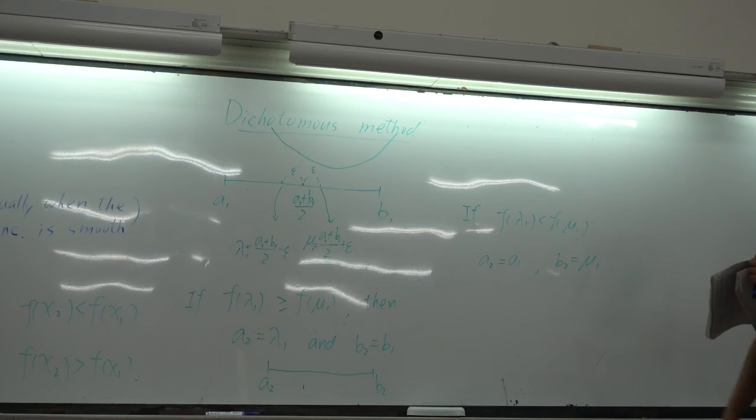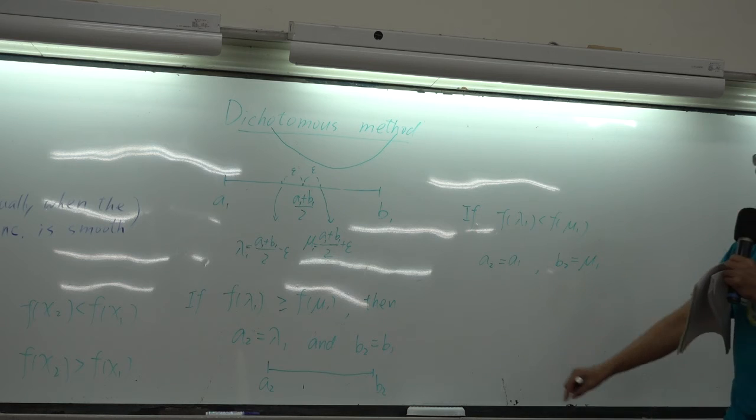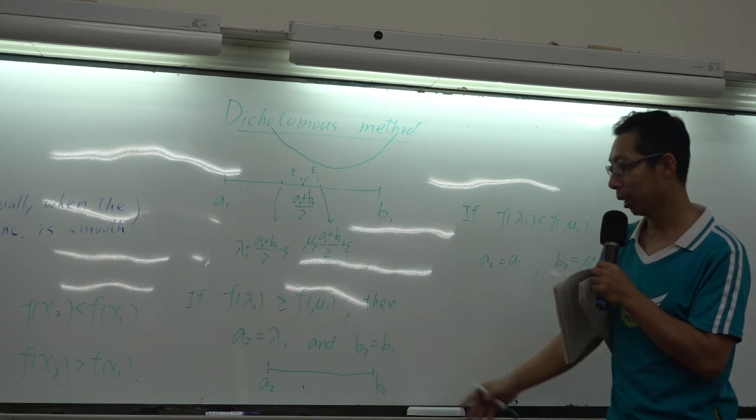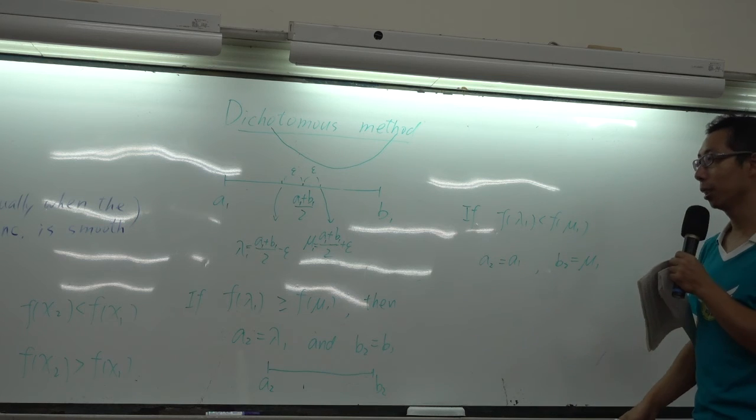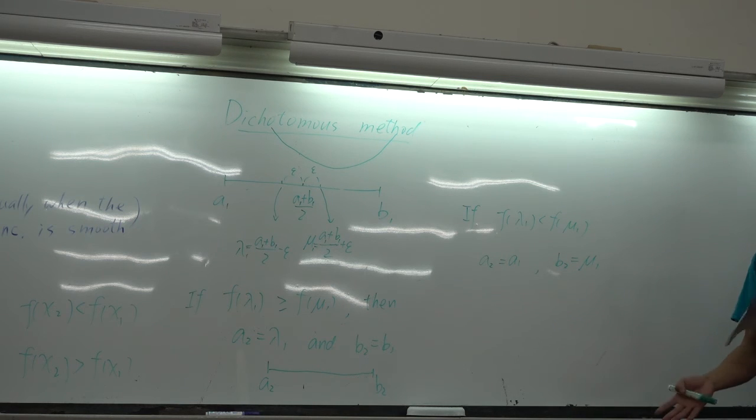So we just do this. We just keep doing this until this bracket, let's say it's up to an and bn, is small enough. You can specify how small you want this to be, this kind of error allowance.